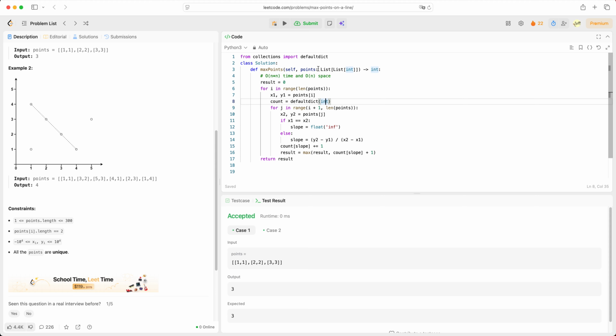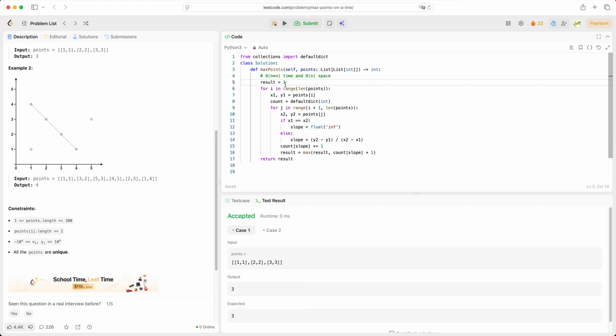But what if the points array only has length 1? Well, in that case, we execute the outer loop, but the inner loop will never do anything because its range is essentially 0. So the result will also be 0, and we get a wrong result.